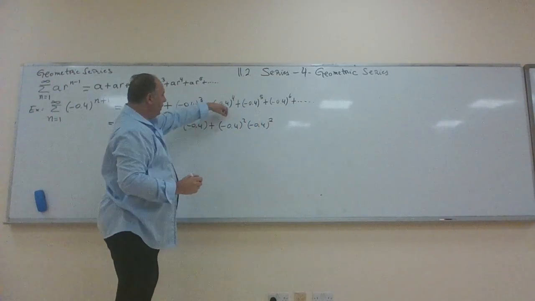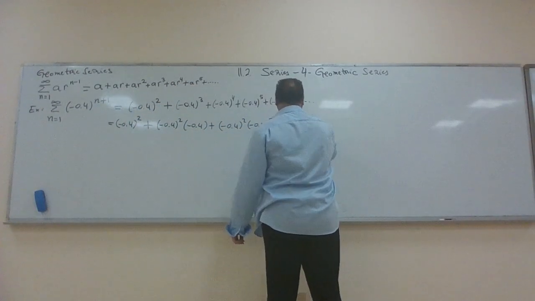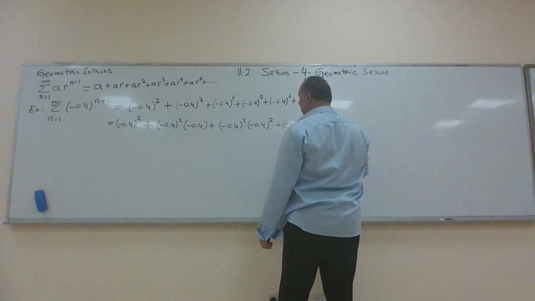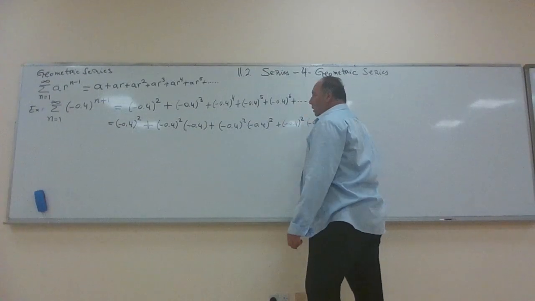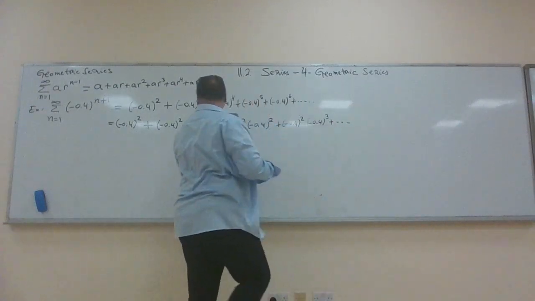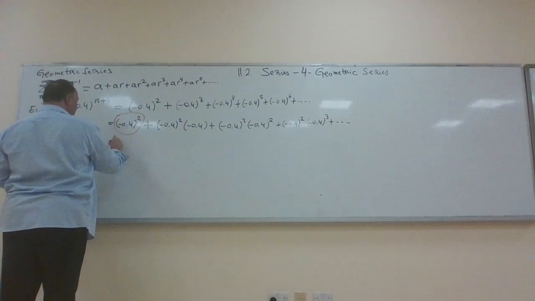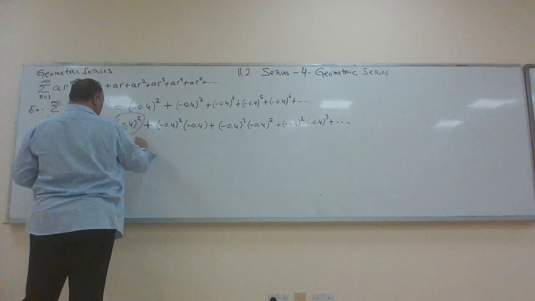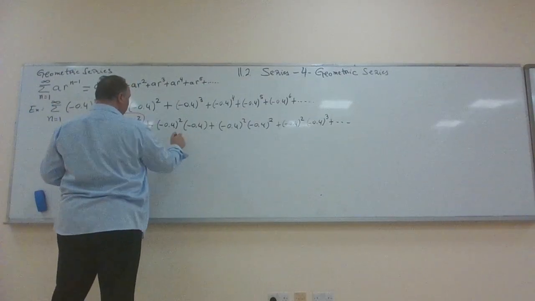So power 4, I split it into power 2, power 2. Power 5, again, 2, and then power 3, and we keep going. Again, what matters is to identify properly A, and this is A again, and to identify R.